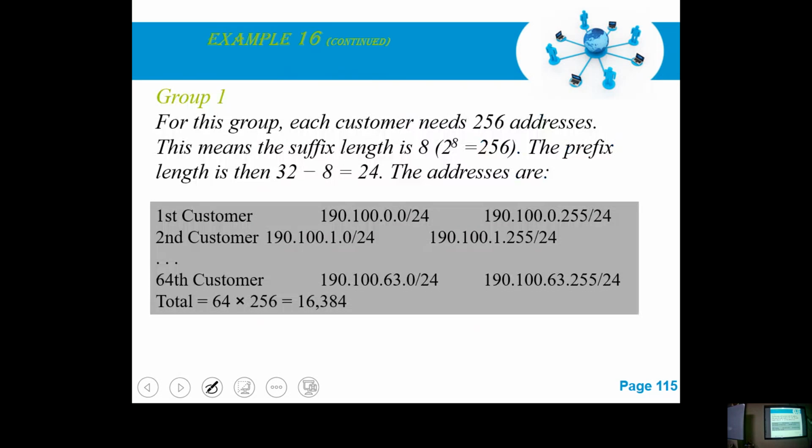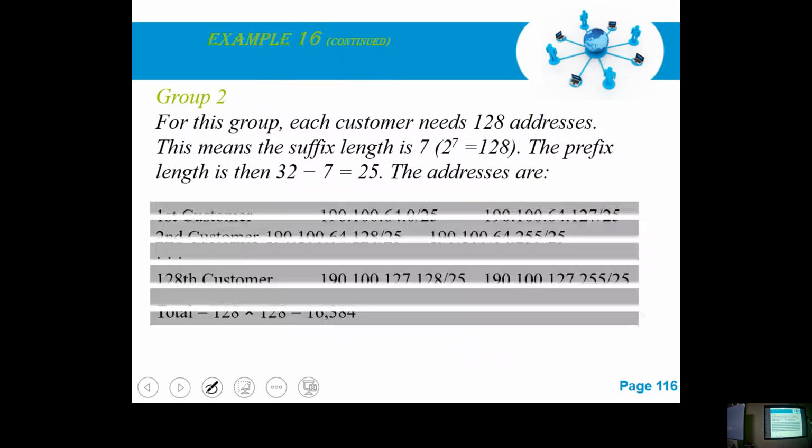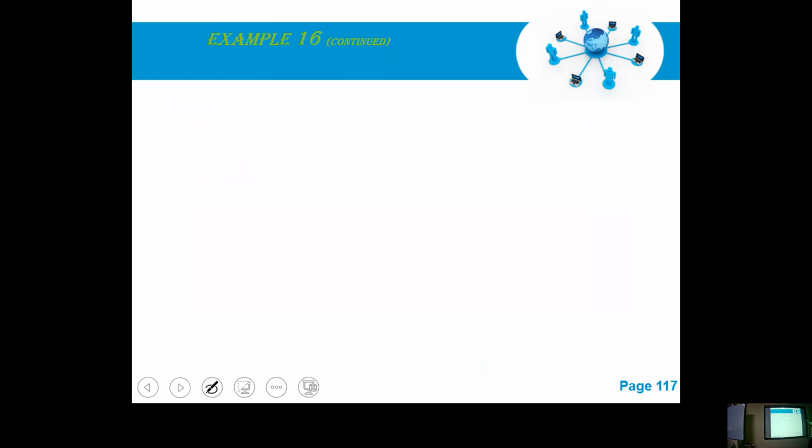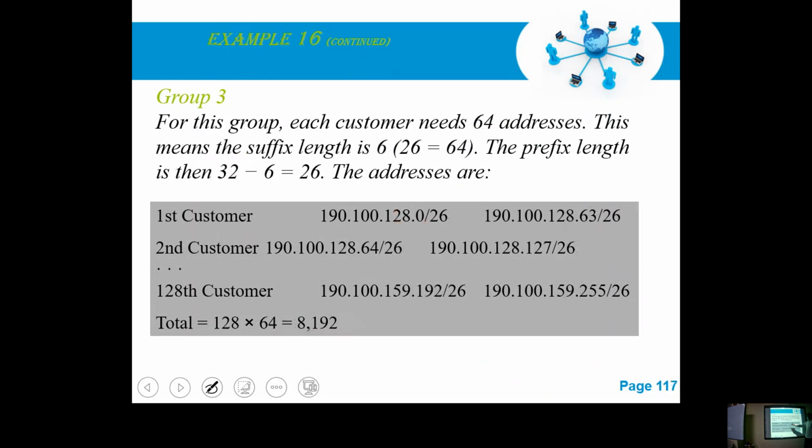So the same explanation we have. First customer, second customer in the first block; second group, again first customer. We can see here 0 to 127, 128 to 255. And if I consider the third group, we are going to have four such things: 0 to 63, 64 to 127, 128 to 191, 192 to 255, like that.